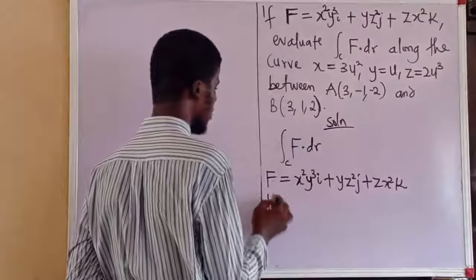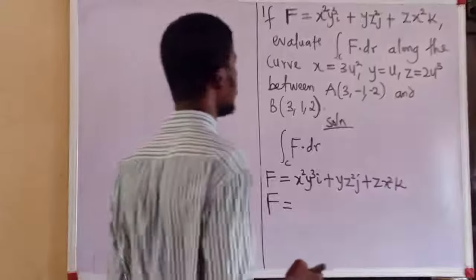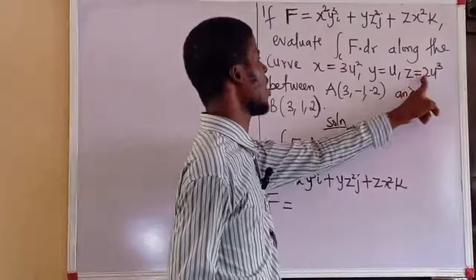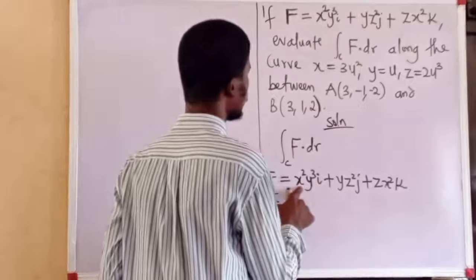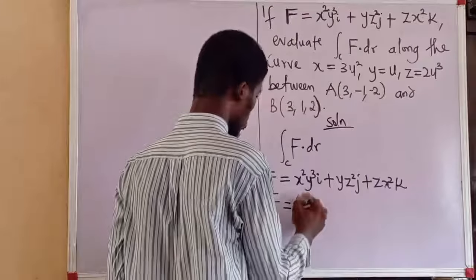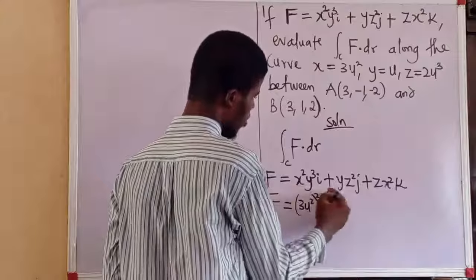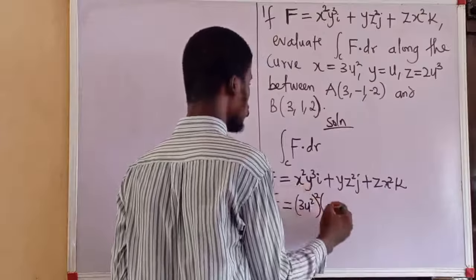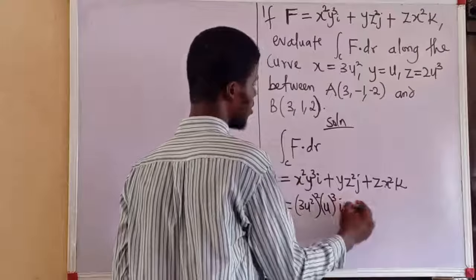So let's write f in terms of u, since the parametric equations are in terms of u. U is the parameter. So x is what? 3u squared. I'll square it. What is y? Y is u. I'll take it to the power of 3 times i.